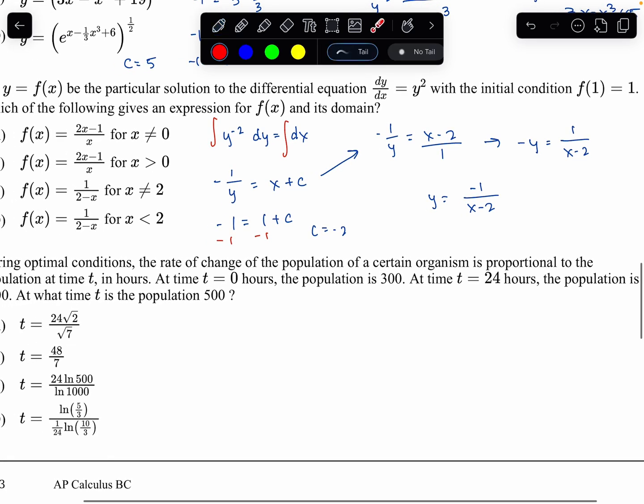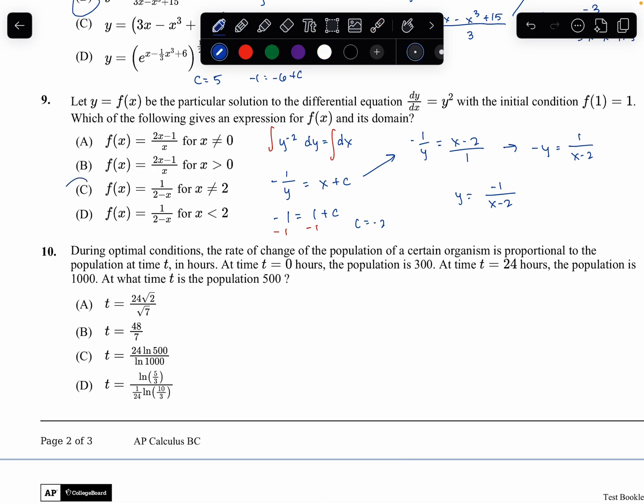Let's see what they did. I do see here that the order that these are in is reversed, meaning that they put the negative in the denominator. So 1 over 2 minus x, and x cannot be equal to 2. So that's got to be, oh man, hold up.